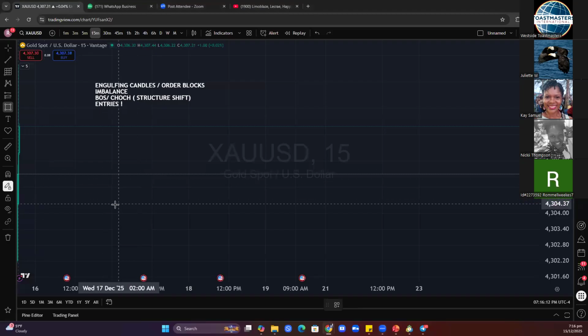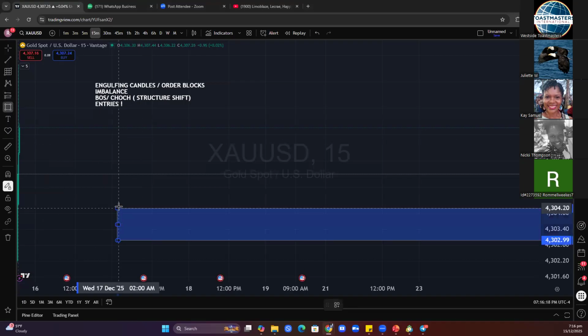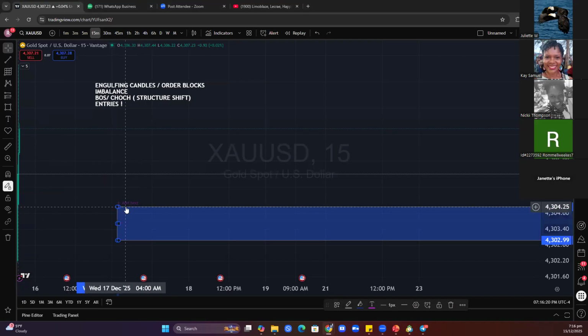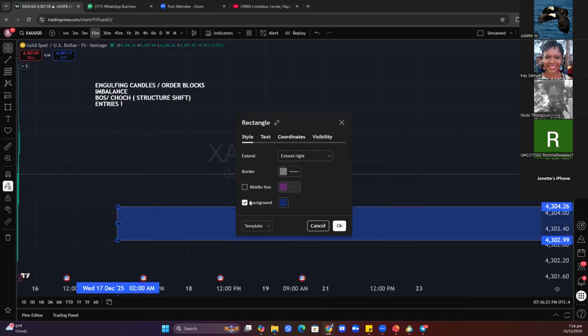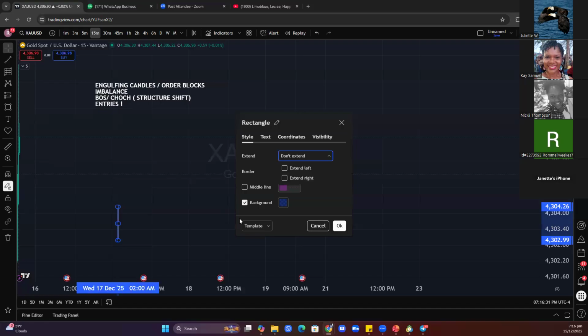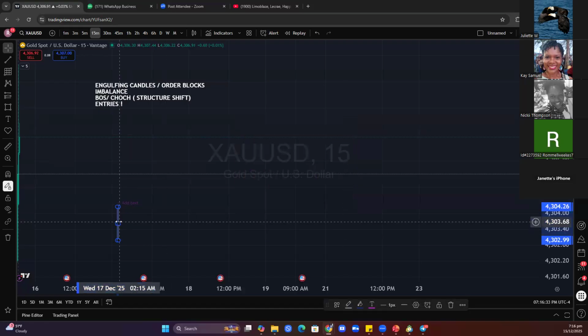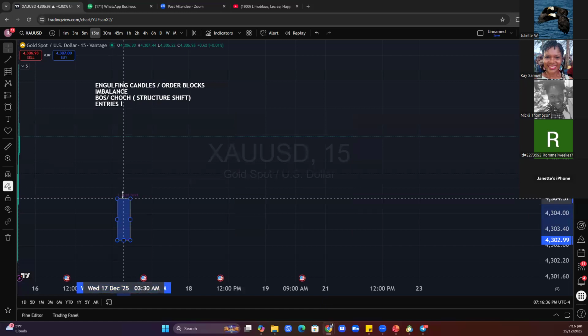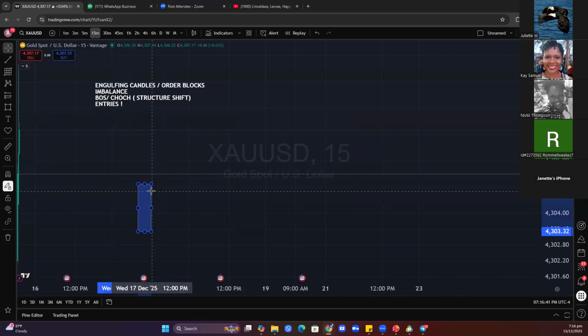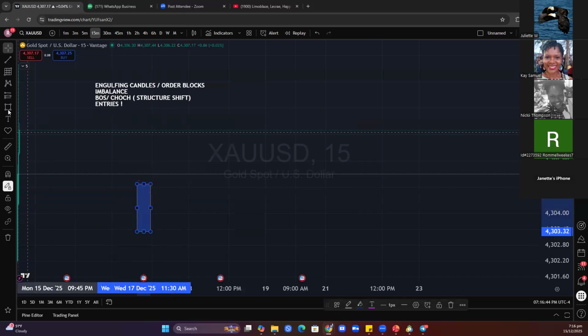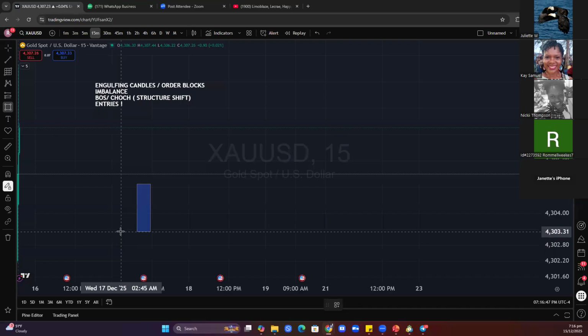When you talk about engulfing candles, usually this is what it looks like. It's usually a candle that engulfs, or takes out, another candle. It's usually a candle that completely engulfs a previous candle. So a bullish engulfing candle, for example, you may see a big candle like this, taking out a previous sell candle.